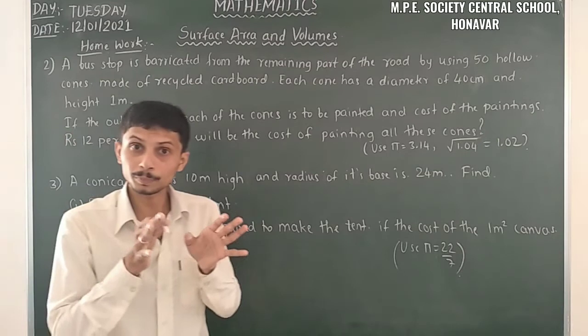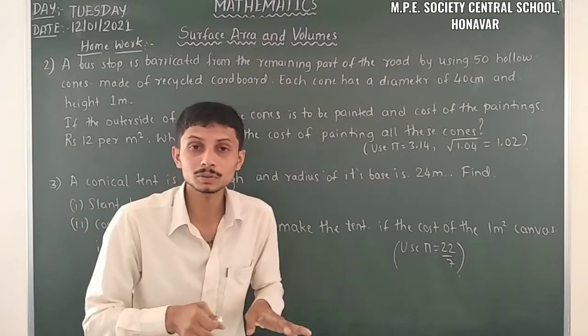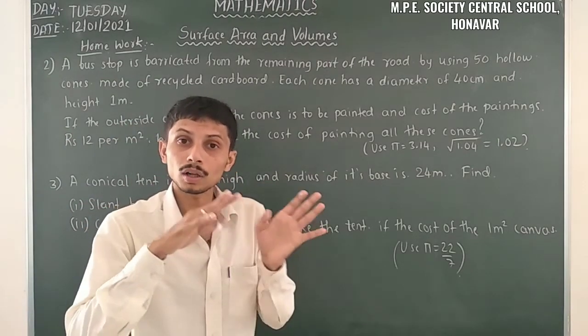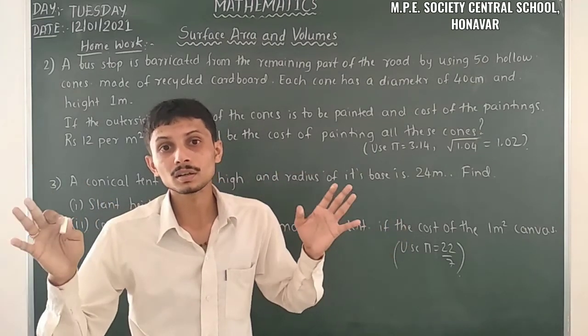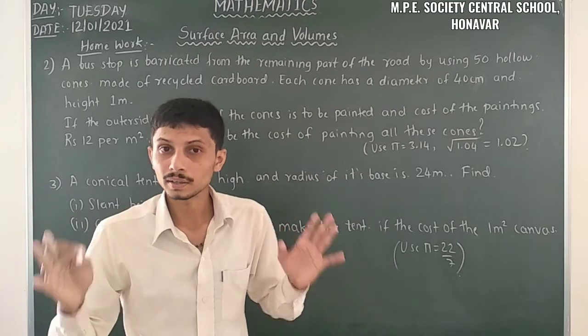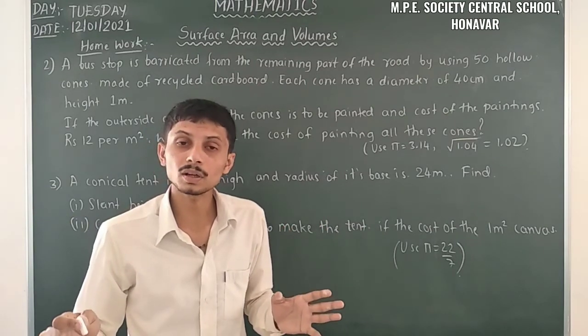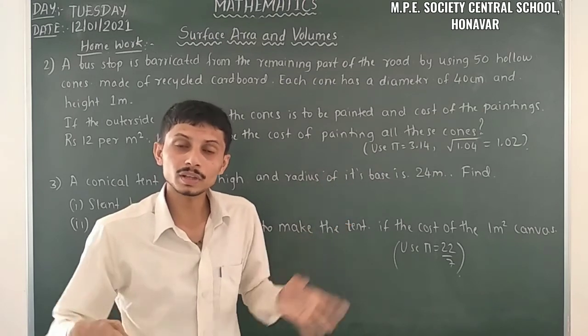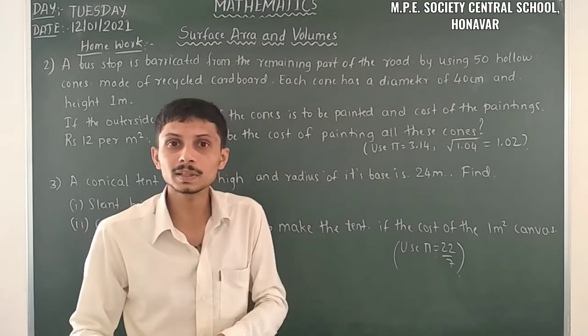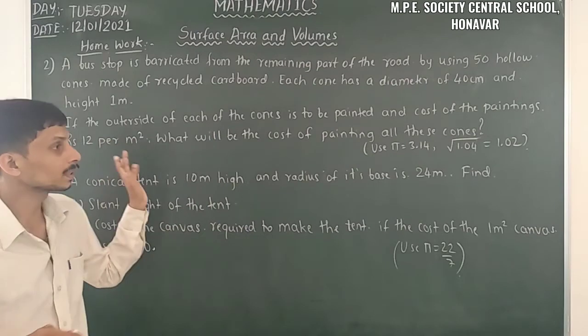That means all the 50 hollow cones have to be painted, so for the 50 hollow cones we need some surface area of cardboard, and we have to paint that. Per meter square we have to pay 12 rupees.